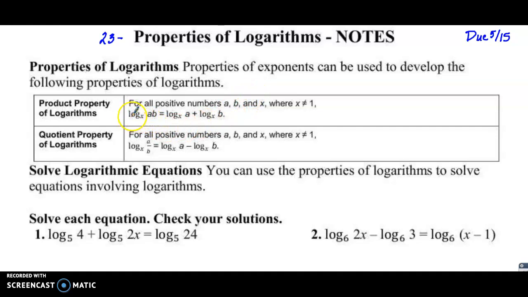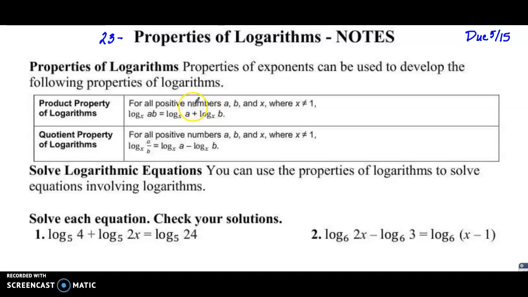So notice if we have log base x of a times b, that could be, as we like to say, expanded or separated into log base x of a plus log base x of b. Notice the logs have the same base, and all we've done is taken that product and separated it into two.